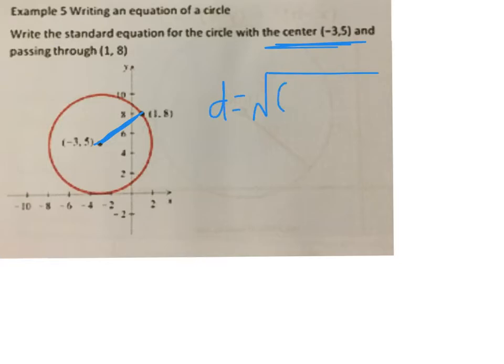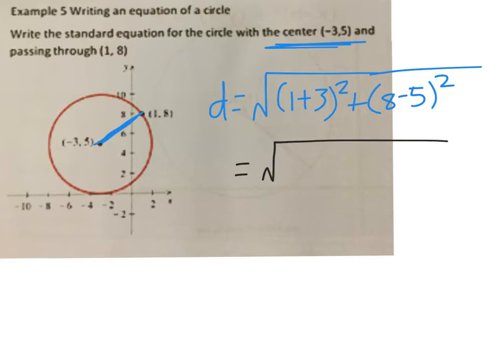So that's going to be the square root of (x2 minus x1) squared plus (y2 minus y1) squared. Does it matter which one is x1, which one's x2? No, just stay consistent. So this is going to be the square root of 4 squared plus 3 squared, which is 5.